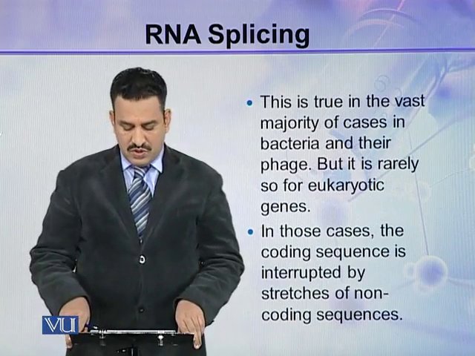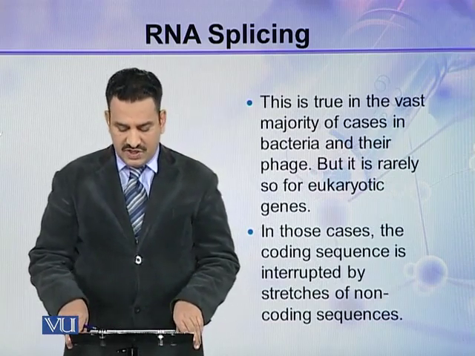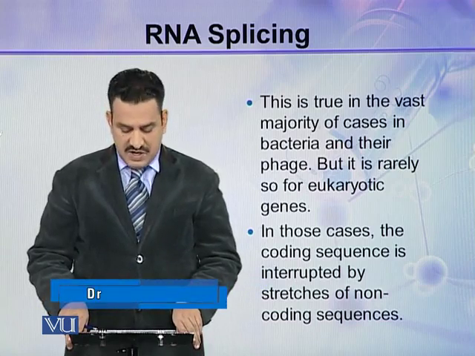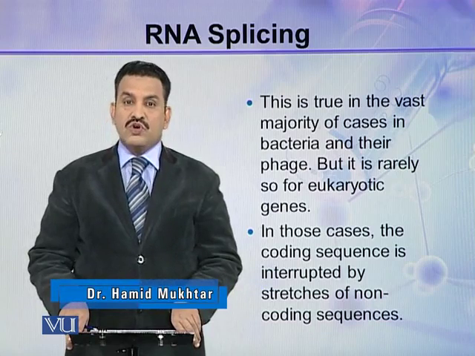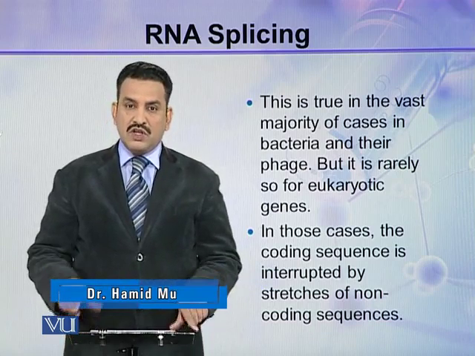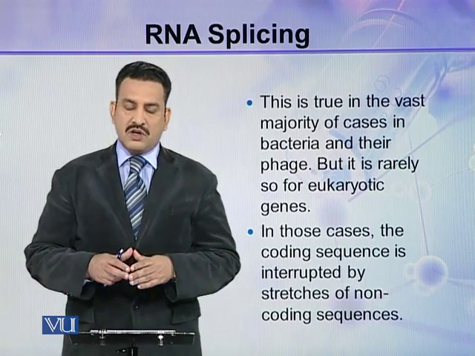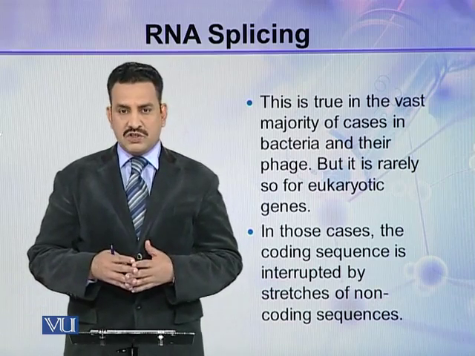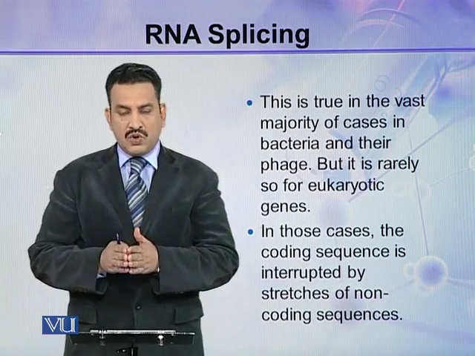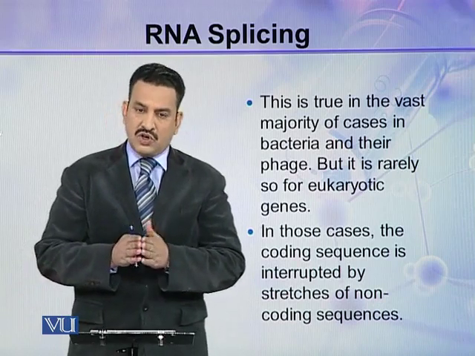This is true in the vast majority of cases in bacteria and their phages, but it is rarely so for eukaryotic genes. So in prokaryotic organisms such as bacteria and phages, the sequence is contiguous.